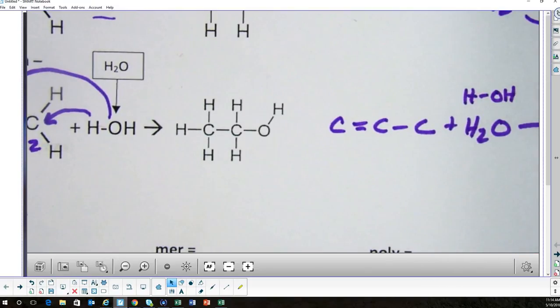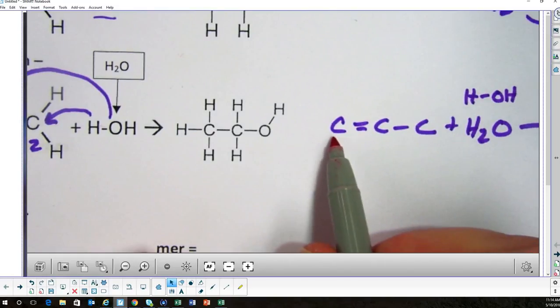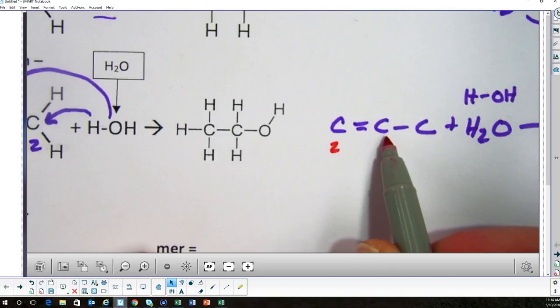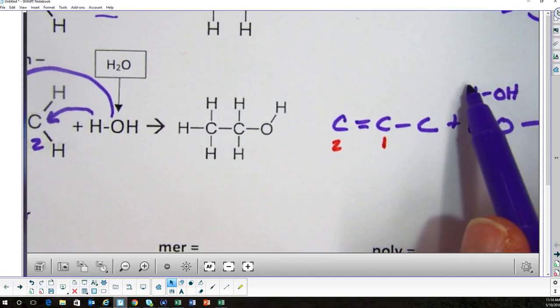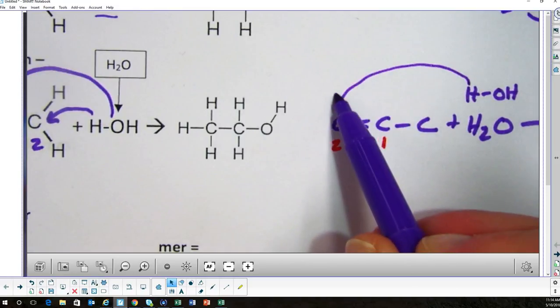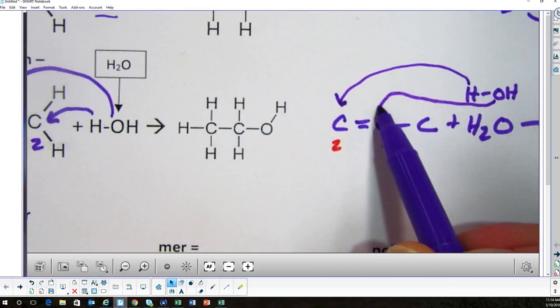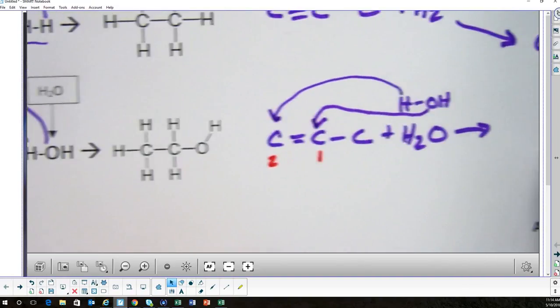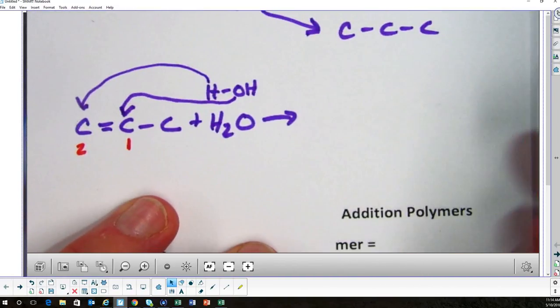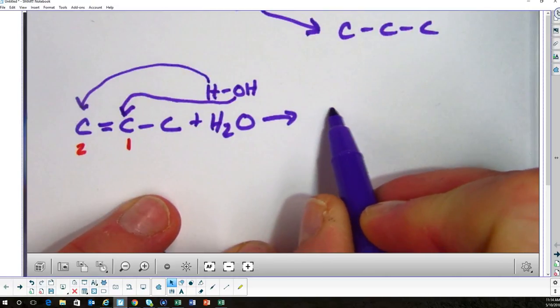So then I look and I say, okay, how many hydrogens are on this one? 2. How many hydrogens on this one? 1. Okay, so the rich get richer. So the hydrogen is going to go to this one, and the hydroxide, or OH, is going to go to that one.